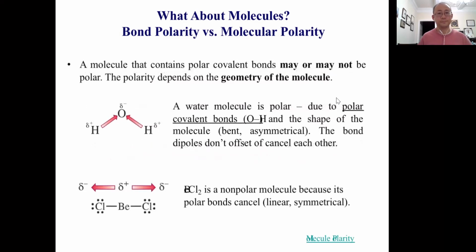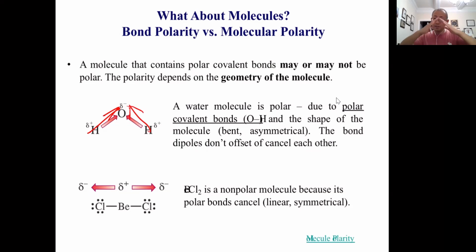For example, here, water. We know that in water, the OH bond is polar. It has a dipole pointing toward the oxygen, because oxygen is more electronegative. Because the geometry of water is bent, these two dipole arrows cannot cancel each other.